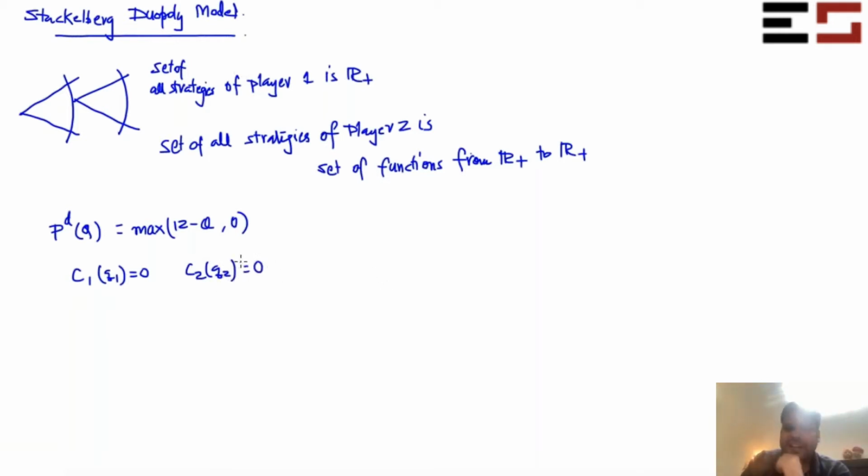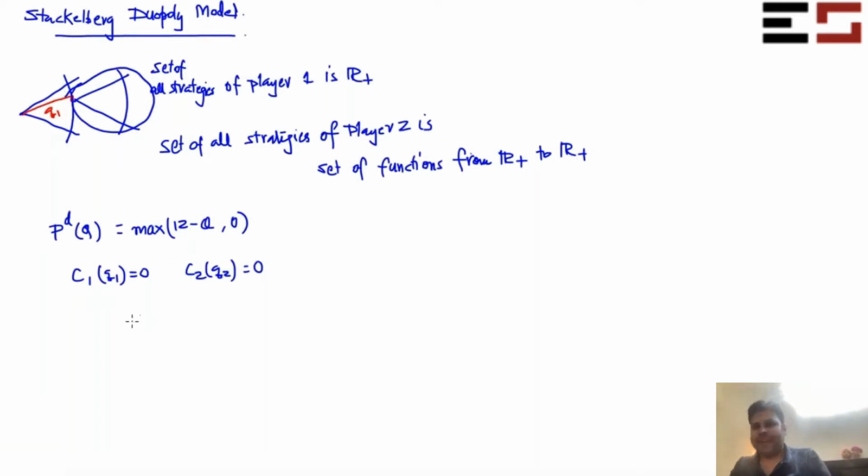Now what you have to do is find the subgame perfect equilibrium. How will you approach it? First, you will solve all subgames of this type, these little games where player 1 has already moved, and then player 2 is going to make a move.